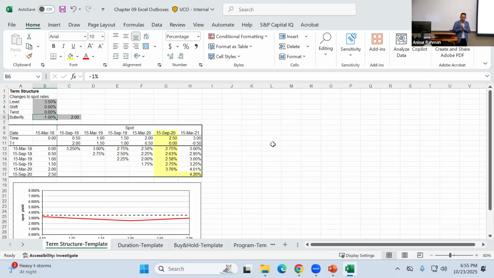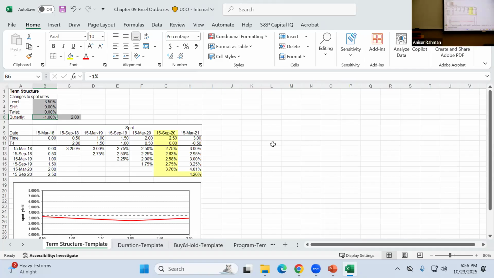Okay, so this is what is meant by movement of the term structure of interest rates. And this is a very, very simple example. Think about the real world situation. It is so complex. But again, this simplified version of the real world helps us to understand intuitively what we can expect under what conditions and position our portfolios accordingly.